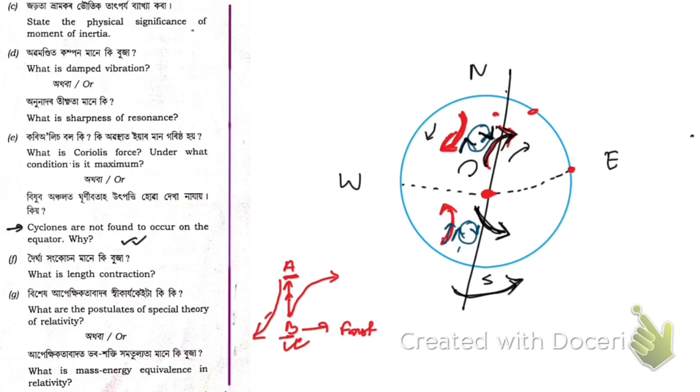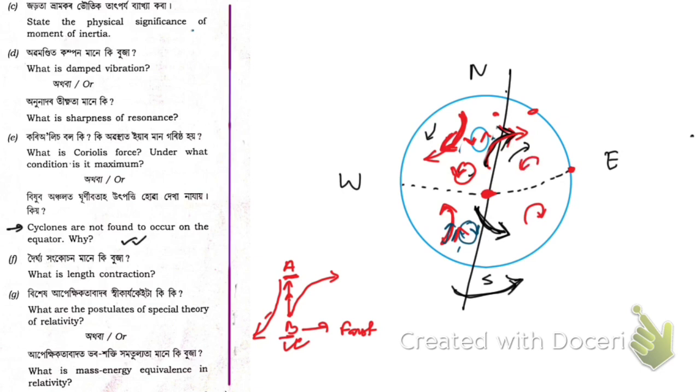Just wait, let me draw it properly. So here, because of this force, the direction should be this way. Because of this force, this should be the direction. So this is anti-clockwise, this is anti-clockwise, and here is clockwise. This is clockwise and this is anti-clockwise, right?